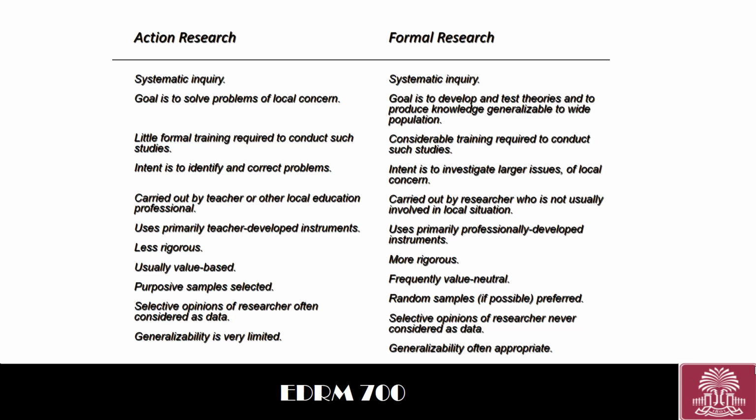In action research, the opinions of the researcher are frequently considered to be data, while in formal research, the opinions of the researcher would never be considered data. And finally, the biggest disadvantage to action research is that the generalizability is very limited, while with formal research, it is often the case that you can generalize.